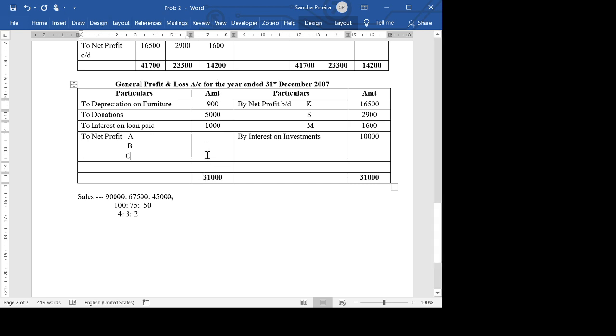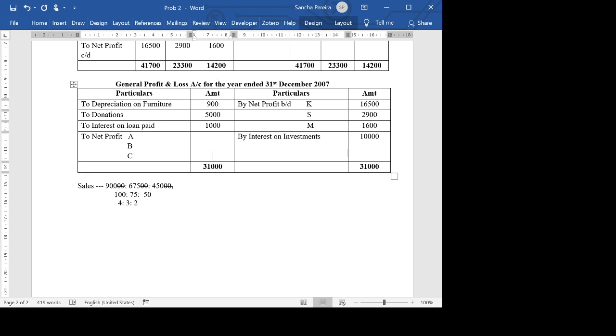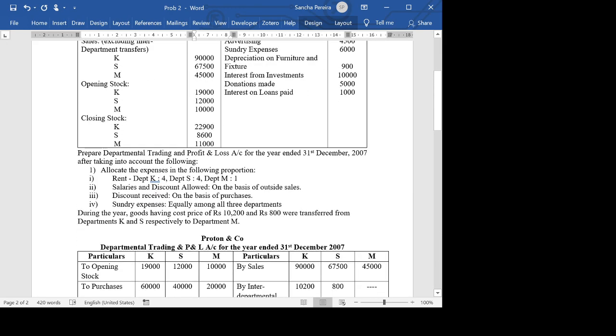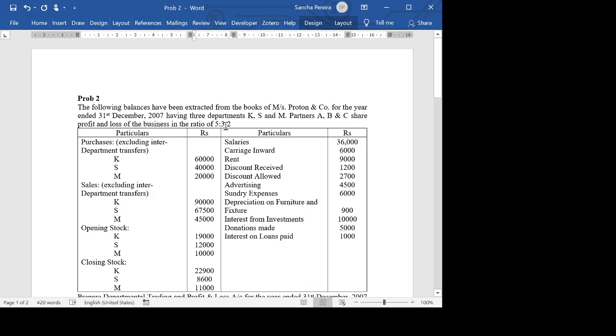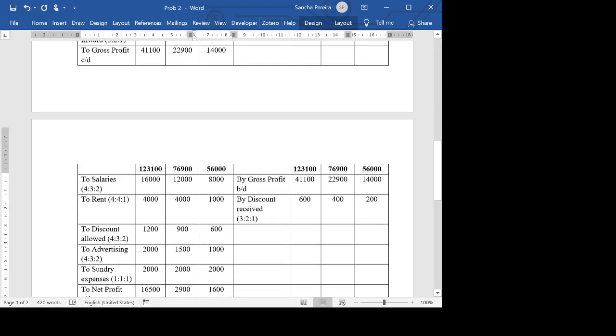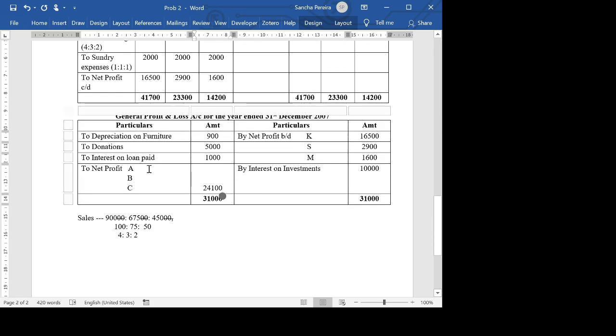So first I need to find out this net profit of mine. So actually the net profit is 31,000 minus all those figures. 31,000 minus these three will give me a figure of 24,100. Now this 24,100 I need to divide in the ratio of 5 is to 3 is to 2.